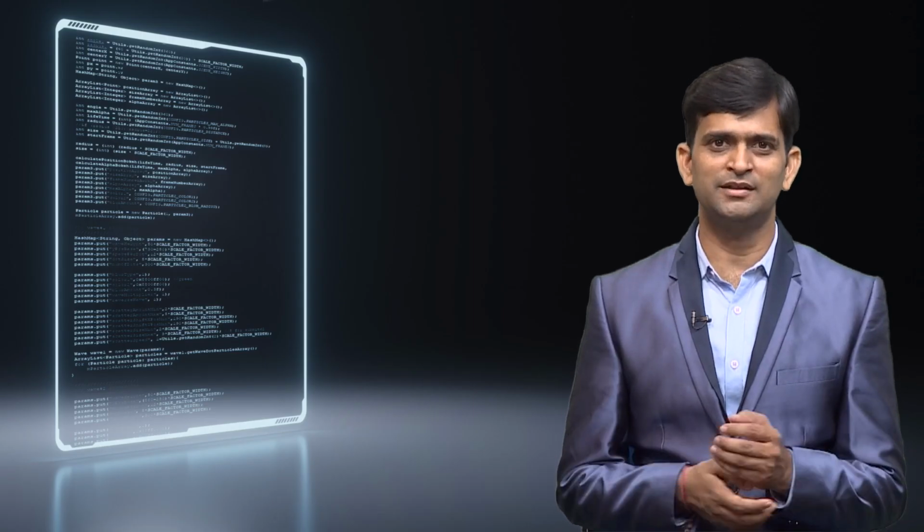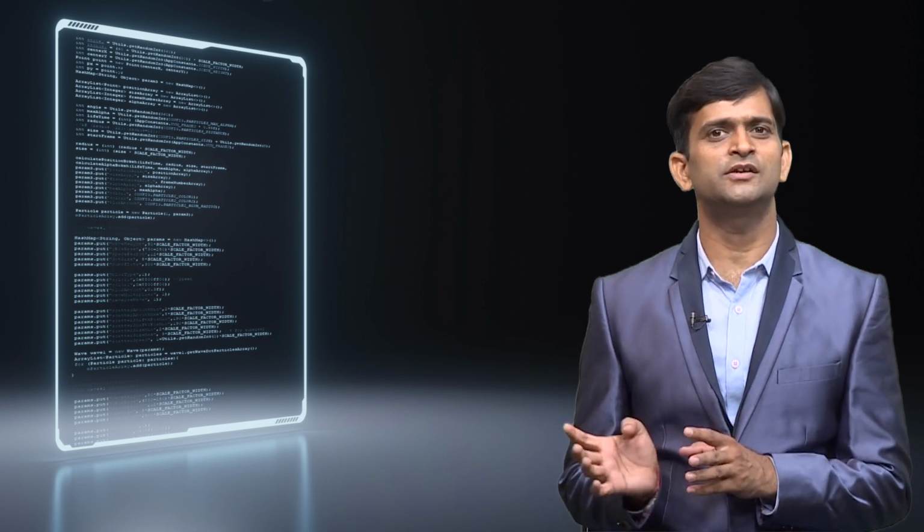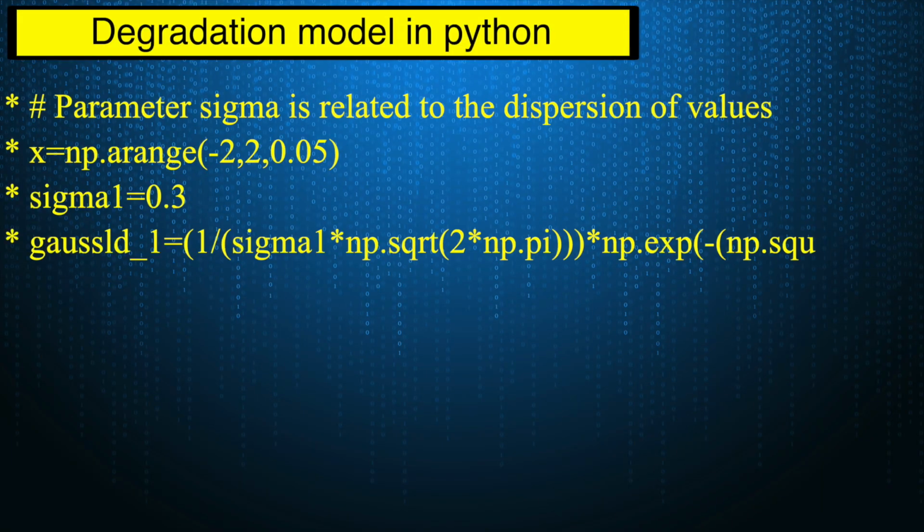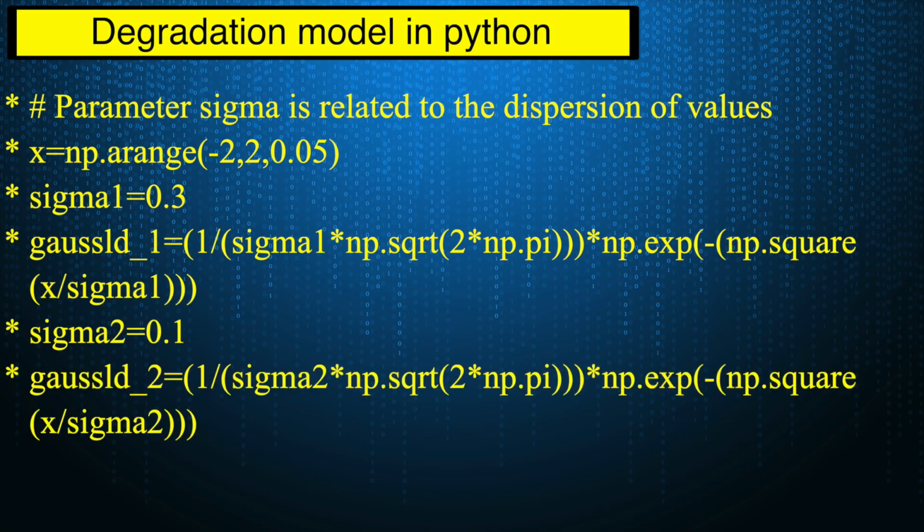How to do this in Python? If you are using Google Colab, you have to load the dependencies, then mount the drive. After that, you can come to the modeling. The parameter sigma in the Gaussian function is the dispersion.